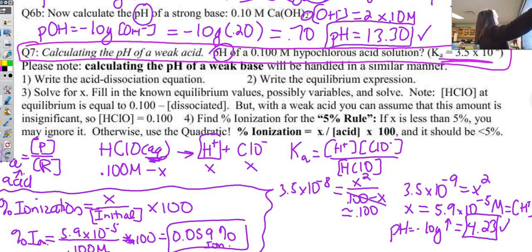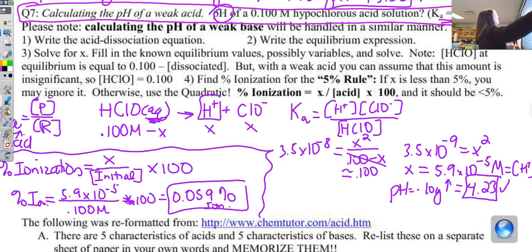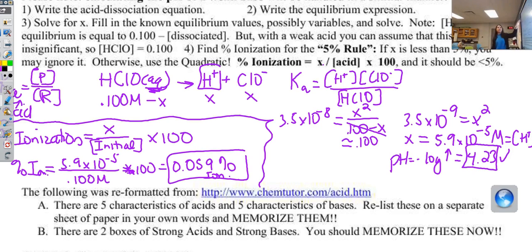Okay. All right, so what you're going to do is first write your expression, but in order to write the expression, we need our equation. We start off with 0.1 of the HClO. How much of it is going to break off? Well, they don't tell us how much of it is going to break off, so what do we call it? X. And if we call this X, it's a 1-to-1 ratio, that must be X. And so this isn't actually 0.1. It's 0.1 minus X. What are we probably going to assume about X?